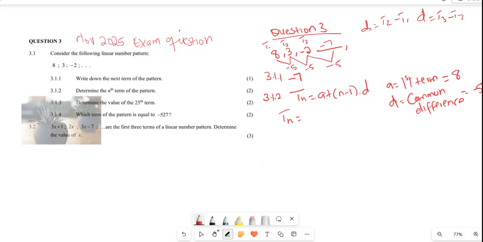And then I will substitute here. Tn is, A is 8, plus n minus 1, and D is -5. Then I'm going to apply the BODMAS rule here. What is outside the brackets must be multiplied with what is inside the brackets.